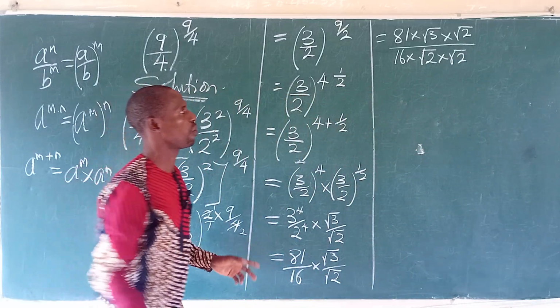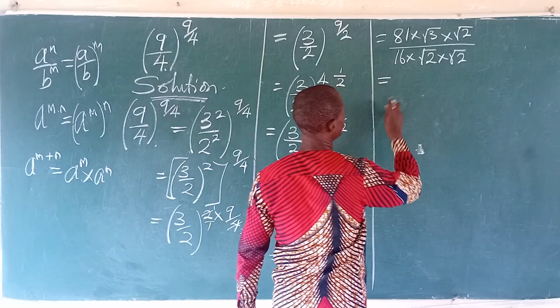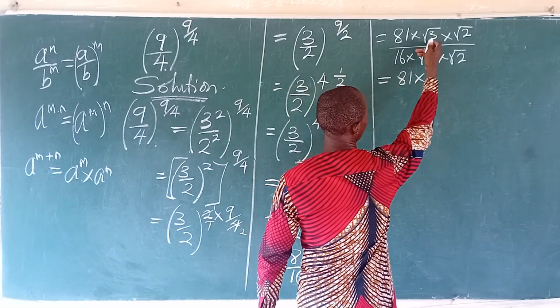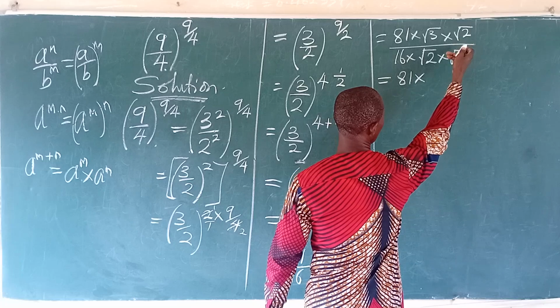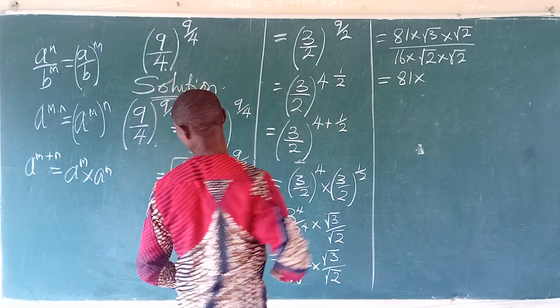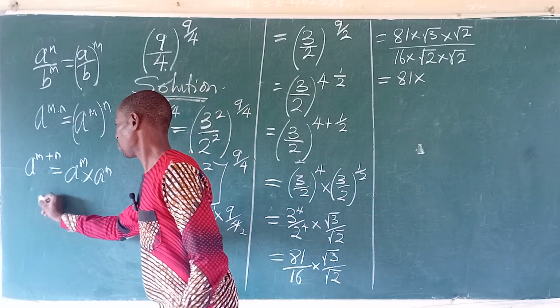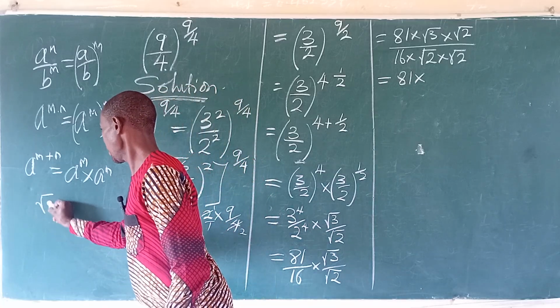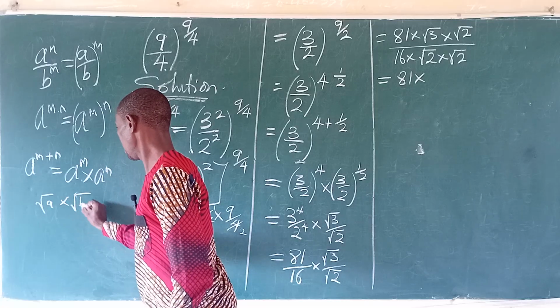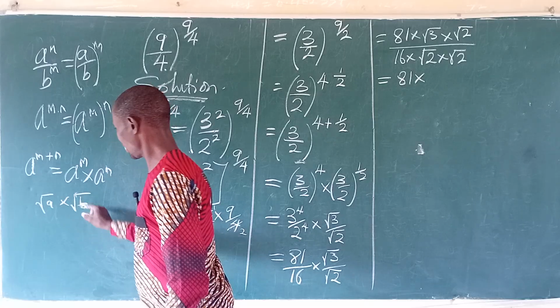With this, it's going to give us 81 times root 3 times root 2, because they are having the same radical, so we can multiply them together. Apply the law which says that root a times root b, the two of them being the same radical, gives root ab.